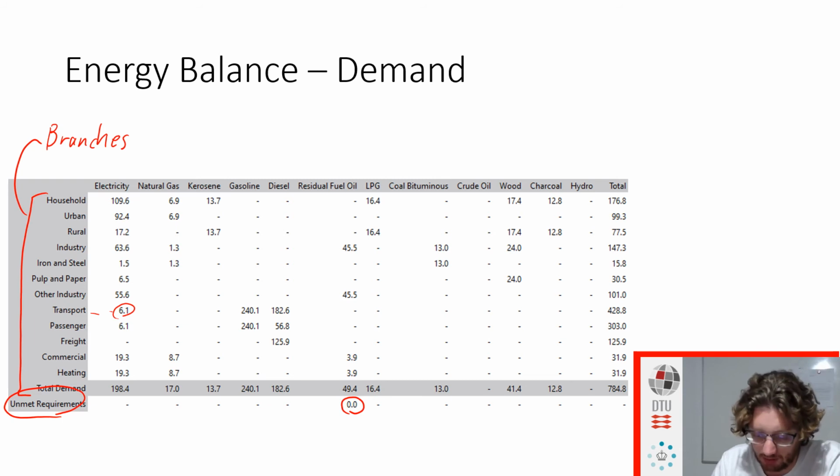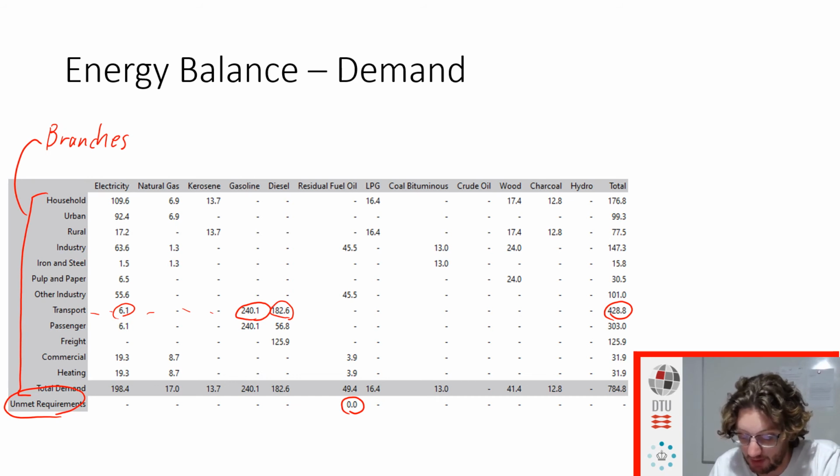Probably gigajoules, a million gigajoules or something like that. 6.1 gigajoules of electricity. It uses 240 gigajoules of gasoline, 182 of diesel, and in total that adds up to 428.8. That's basically how it is. And here in gasoline, we can see it is our transport and our passenger. I don't quite know what that's supposed to mean.